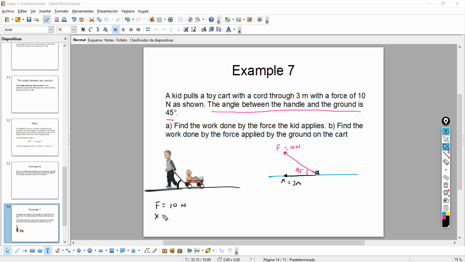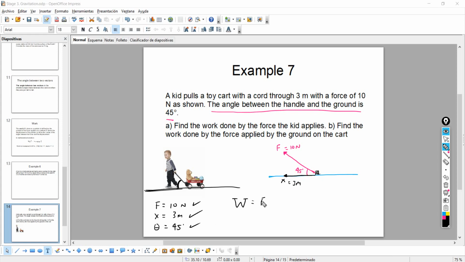We have the displacement X, which is 3 meters. Now, why is the displacement called X? It's just a variable, guys. Don't pay attention to that. It's often written as X, and that's it. Don't worry about that. And the angle between the force and the displacement is 45 degrees according to this diagram. And once I have this and this and this, I can calculate the work.